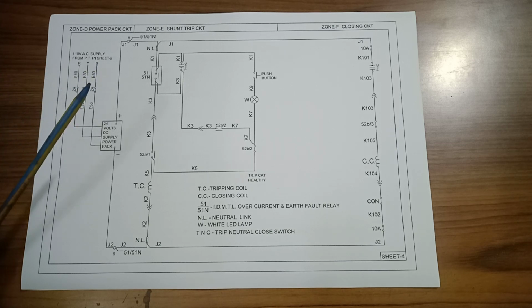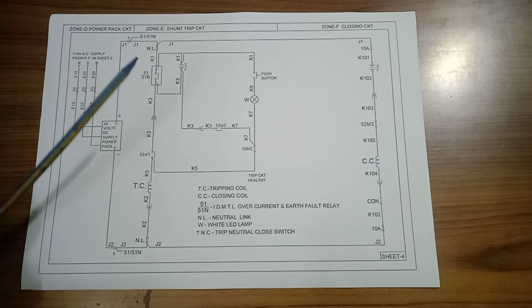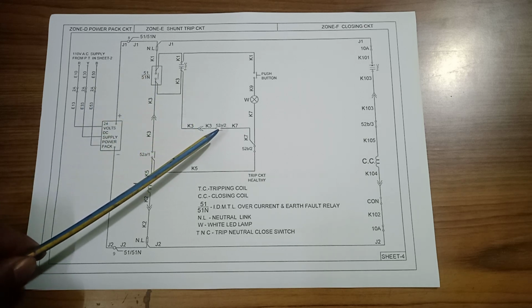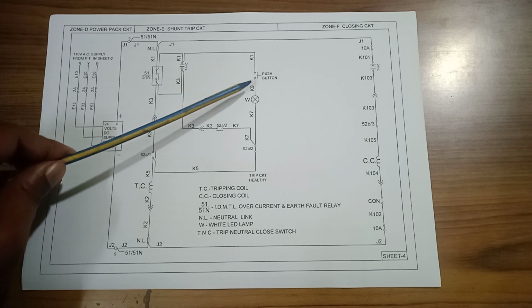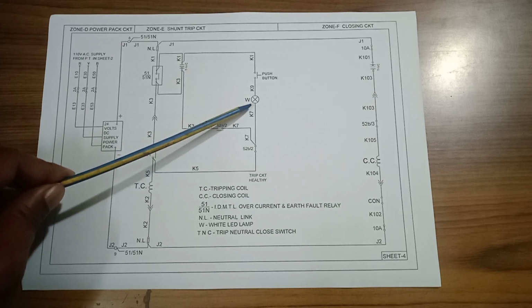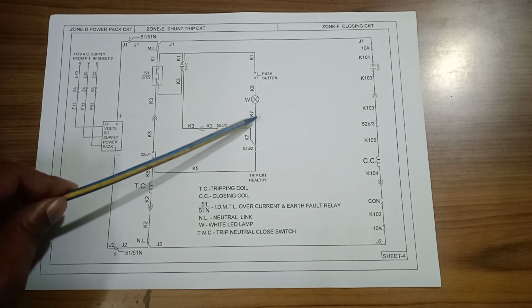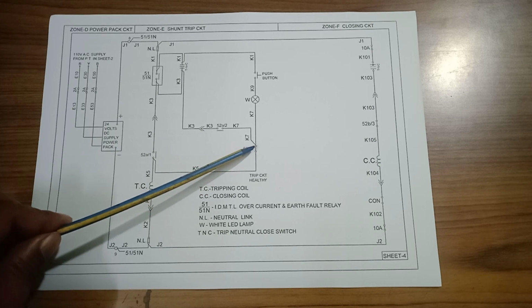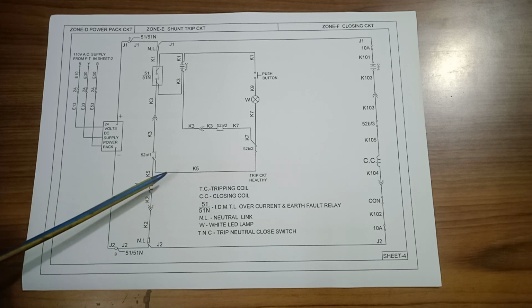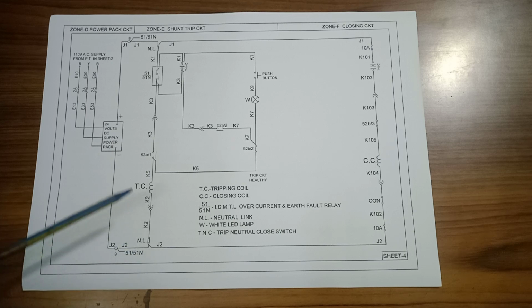First path, when 52A by 2 or 52A by 1 is in off condition, open condition, then the power comes through the white LED and 52B by 1, which is in NC position, and goes through the TC coil. One way.